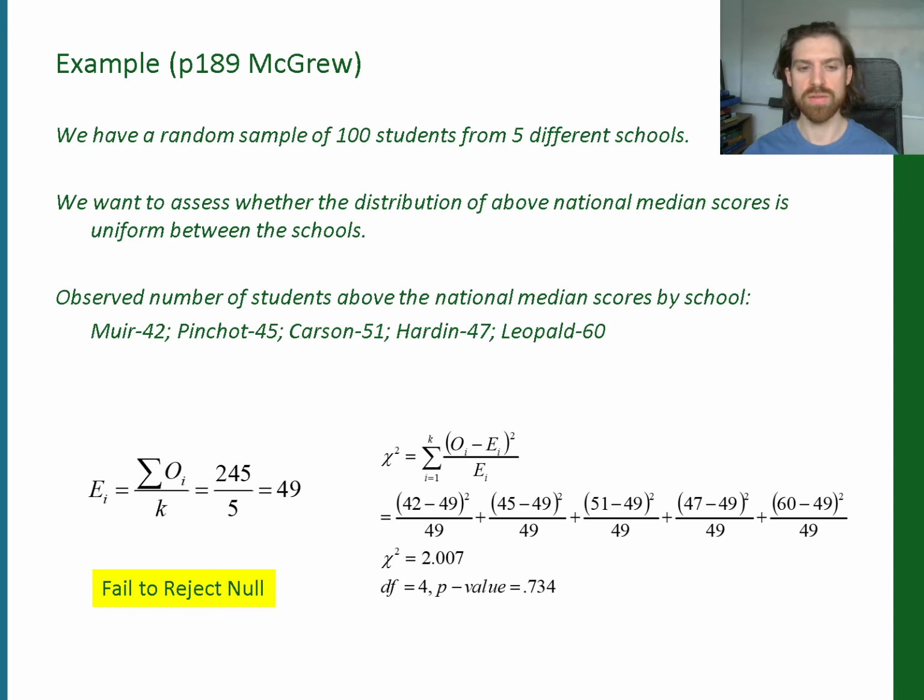So it looks as if from this data here, these data have been collected in a way that means they are broadly similar to the distribution that you would expect. So quite uniformly distributed. What this means essentially is that you would expect that the variation occurring between schools in terms of their performance is just random variation.